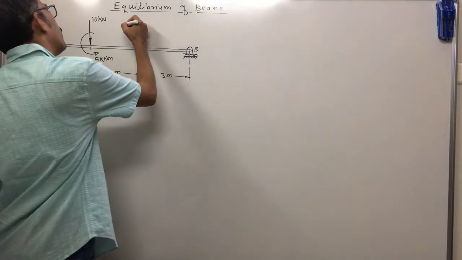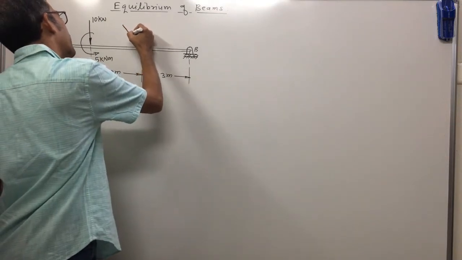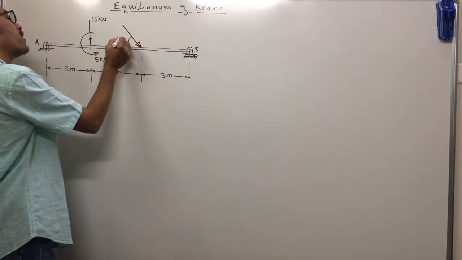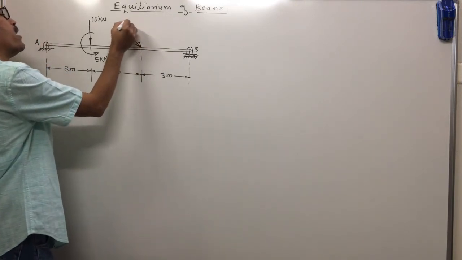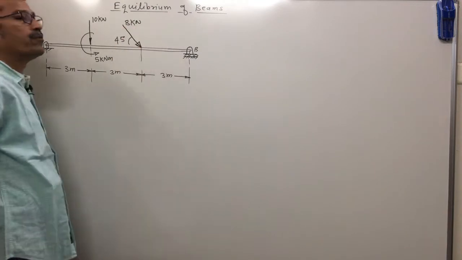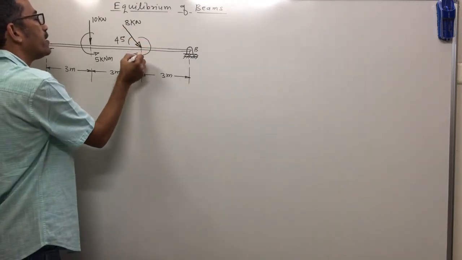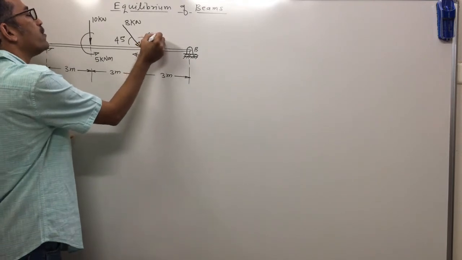Then there is one inclined load, inclined at an angle of 45 degree, with magnitude 8 kilonewton. And there is one couple acting clockwise, which is 6 kilonewton meter.